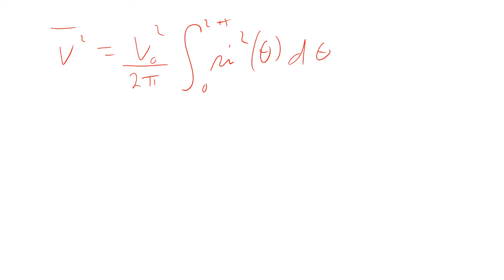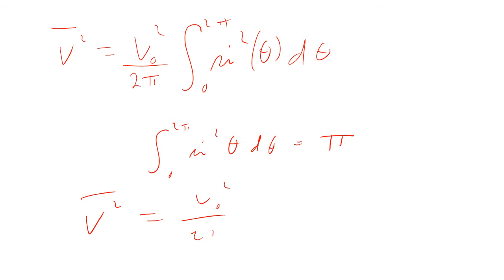Here's the interesting thing: if you actually do that integral, the integral from 0 to 2 pi of sine squared theta d theta turns out to be pi. So the average of v squared equals v naught squared over 2 pi times pi. So the pi's go away.